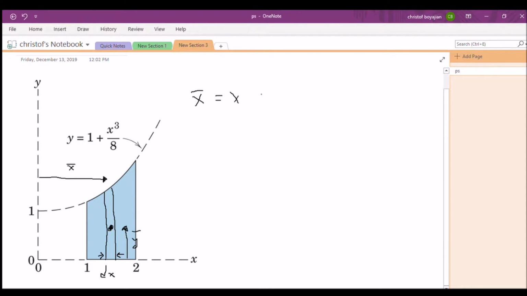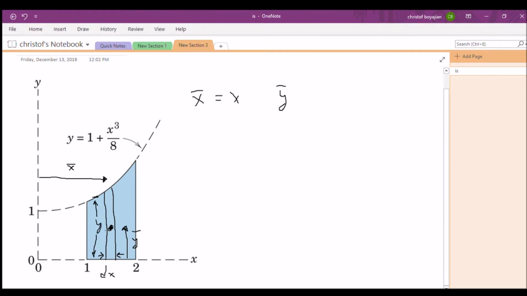Now what about our y bar? Let's go ahead and find our y bar too. This is our distance y right here. I'm going to label that distance y. But that's not the distance to the centroid. Our centroid is down here. Remember when I said earlier that our centroid is going to be halfway up.